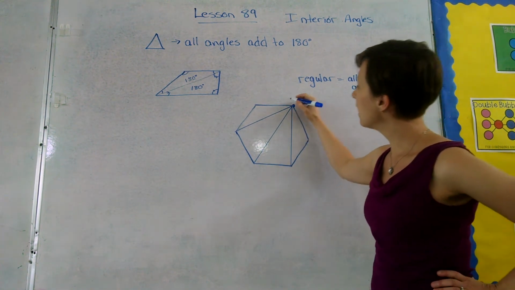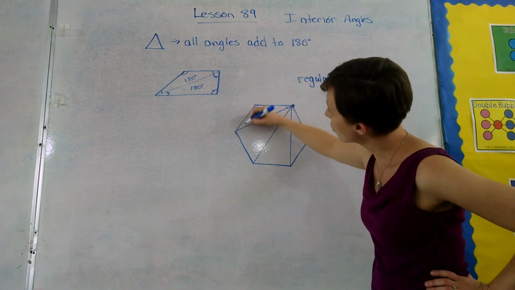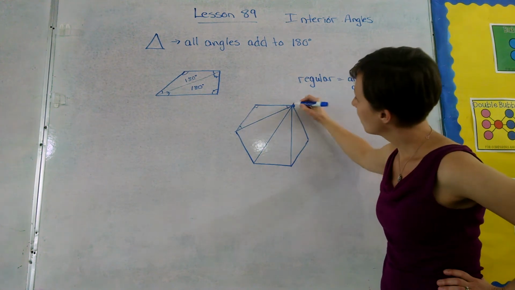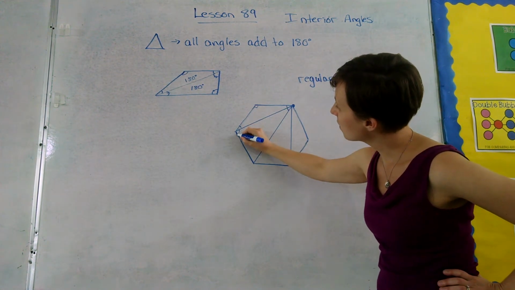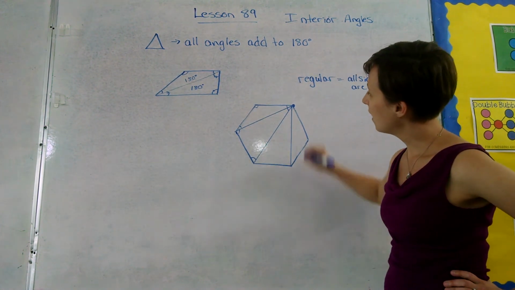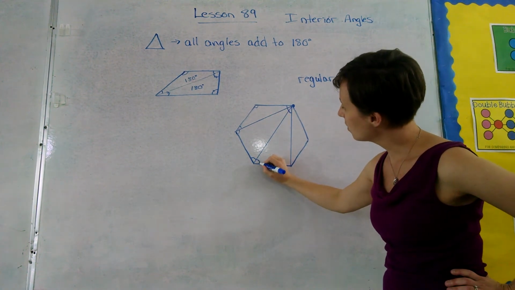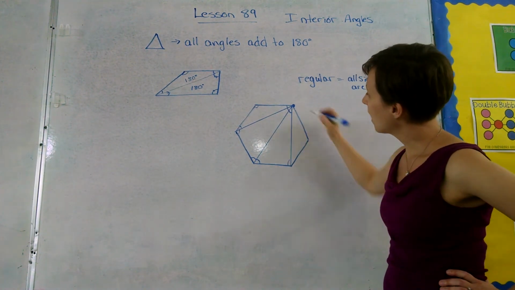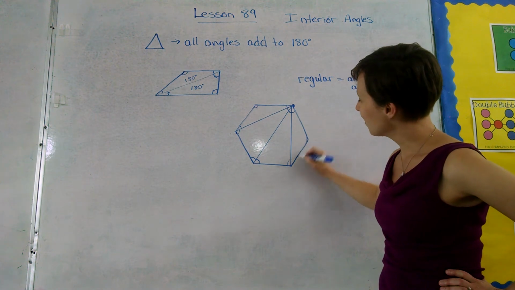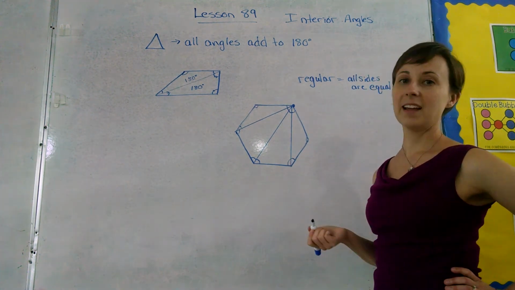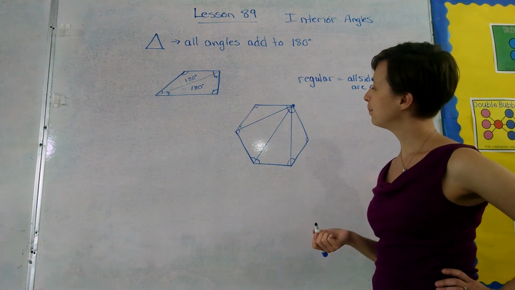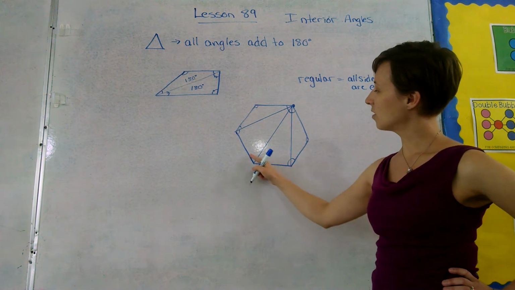And I know that these 3 angles of this triangle add to 180. And these 3 angles of this one add to 180. And these 3 angles of this triangle add to 180. And these 3 angles of this triangle also add to 180. That's all of the angles.